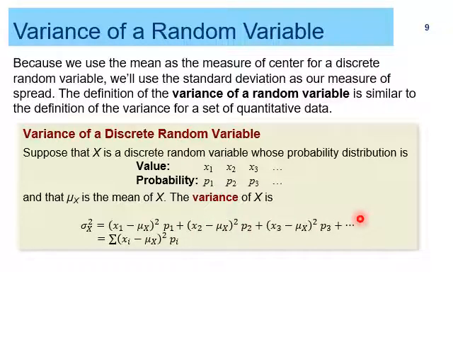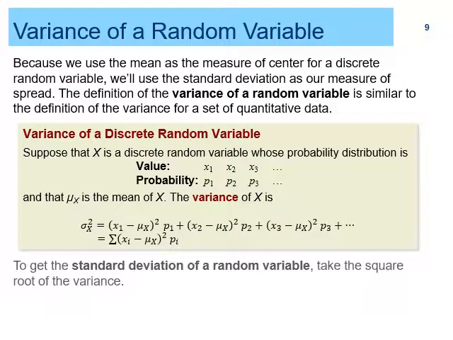Similarly, we can write this formula as the summation of (xi minus mu x) whole squared times probability pi. To get the standard deviation, we take the square root of the variance.